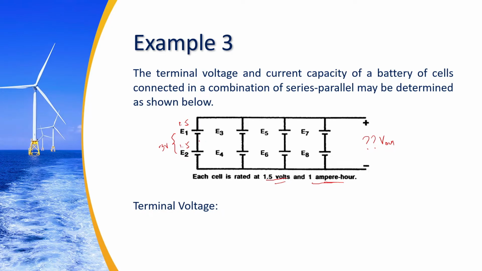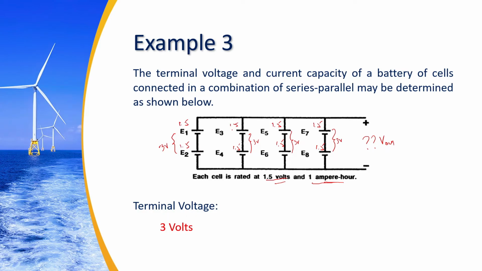And tignan mo na lahat ng bawat cell mo is in parallel. Pare-pareho na 1.5 naman yan. So therefore, meron kang 3 volts, 3 volts, at 3 volts. So kung pare-pareho silang 3 volts at lahat sila is connected in parallel, so therefore, ang Vout mo ay 3 volts.